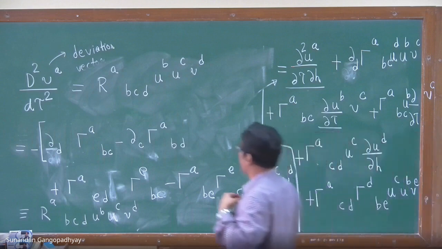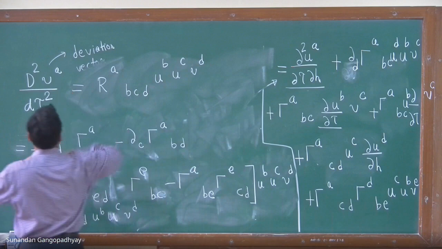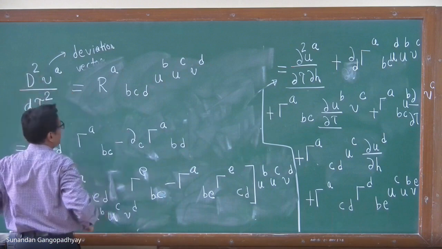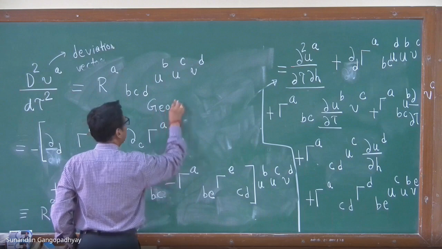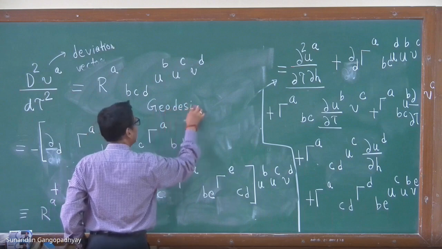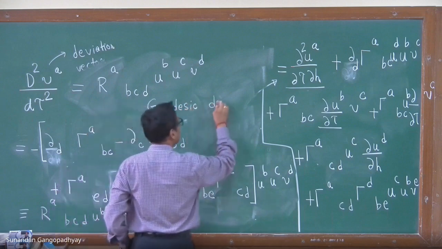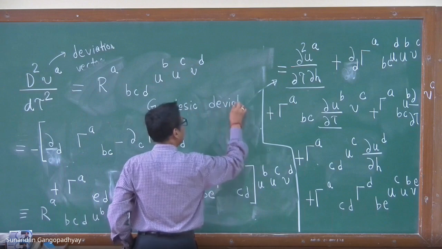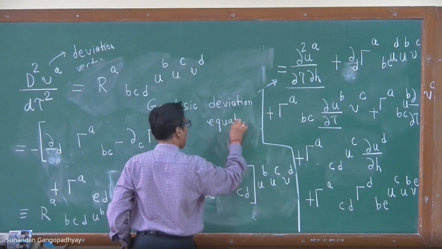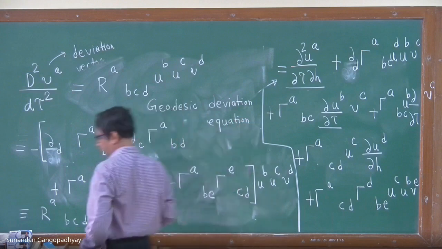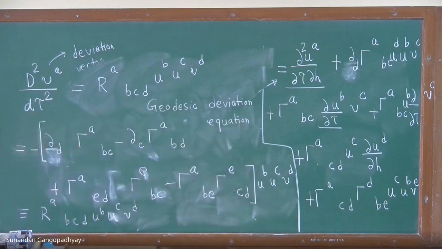And this equation that we get for the deviation vector, the second order derivative with respect to tau, is called the geodesic deviation equation. It's a very important equation.